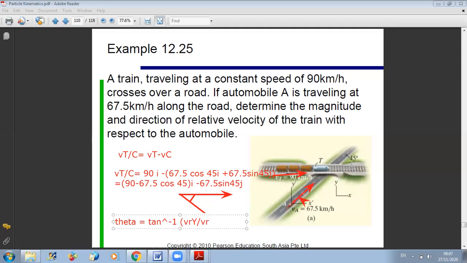Okay, why we put absolute value? So I take the absolute value, since I know the quadrant and I just need to find the value of the angle. Okay, any question on this?